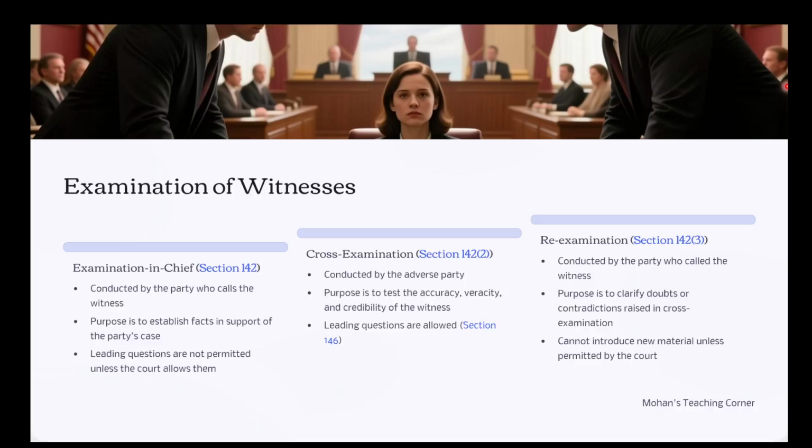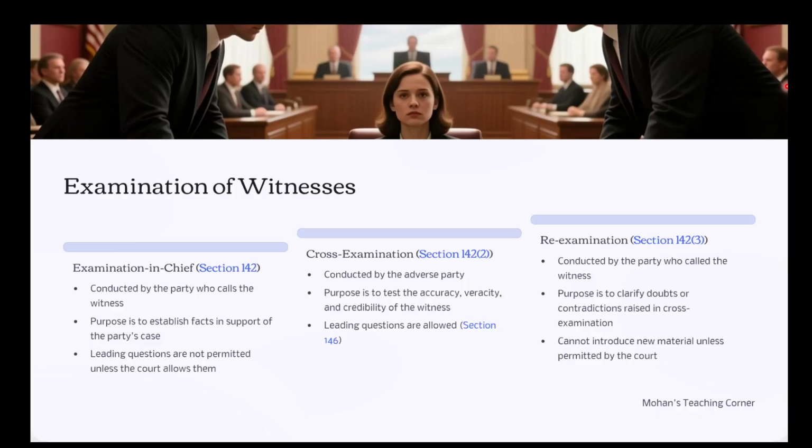Section 142. Then cross-examination, Section 142(2), is conducted by the adverse party. Purpose is to test the accuracy, veracity and credibility of the witness. So leading questions are allowed, Section 146 BSA.